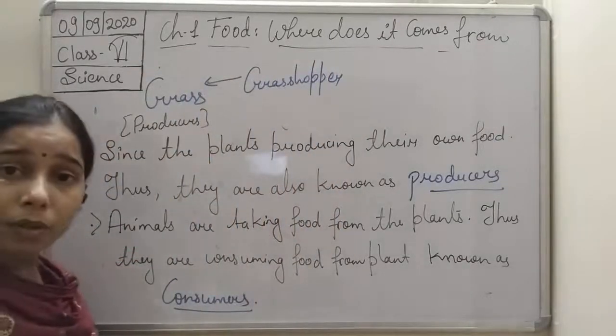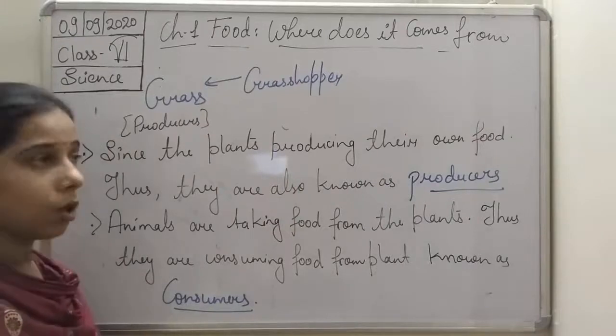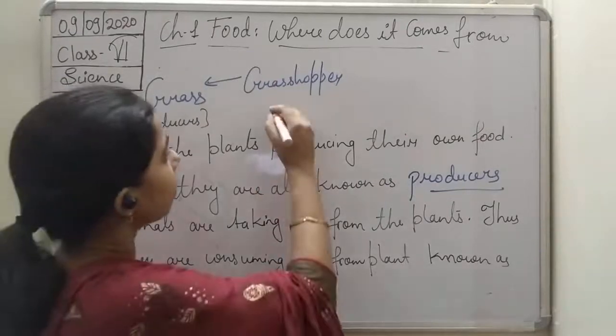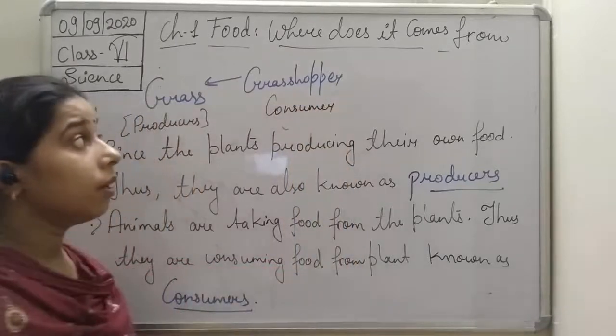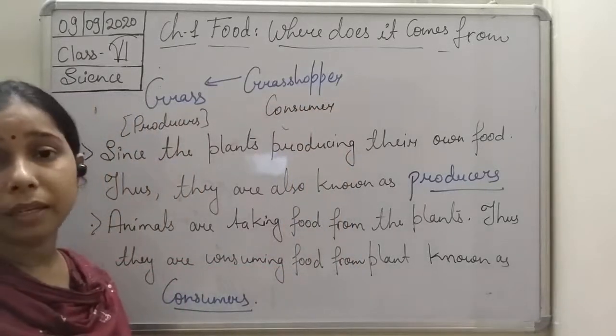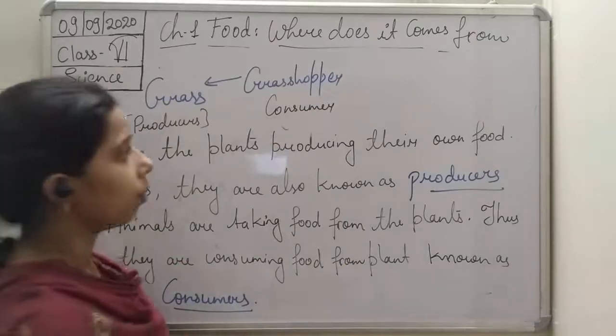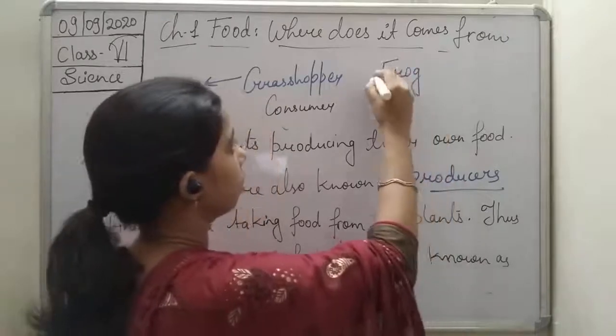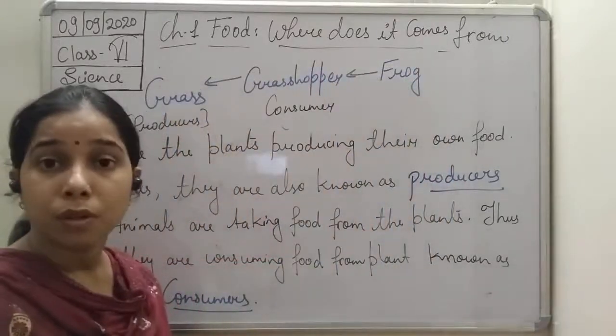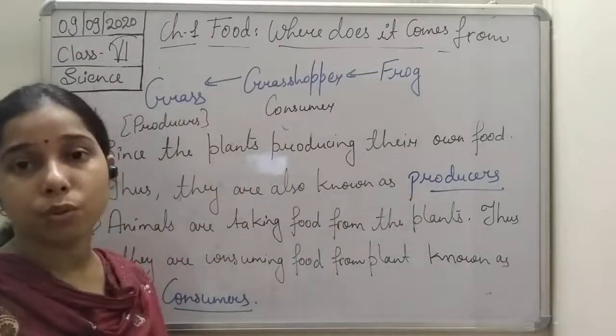Now, grasshopper is what, student? It is consumer. Okay. So, we will say that this is consumer. Now, grasshopper will be eaten by frog. Okay. So, we will write here frog. So, frog is what? It is also a consumer.